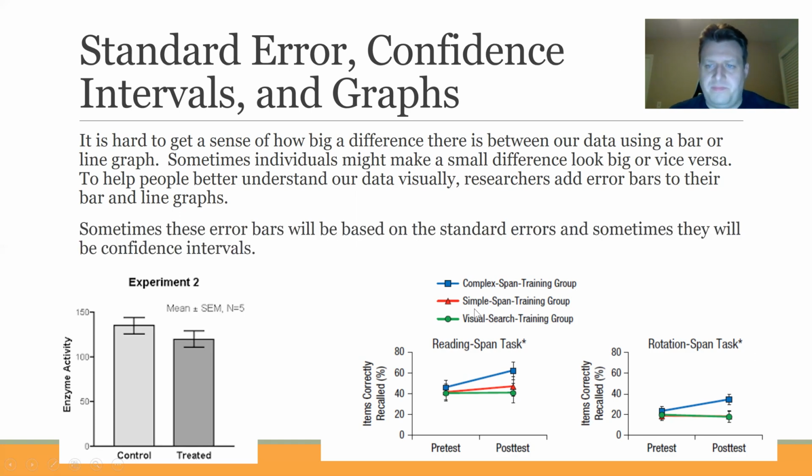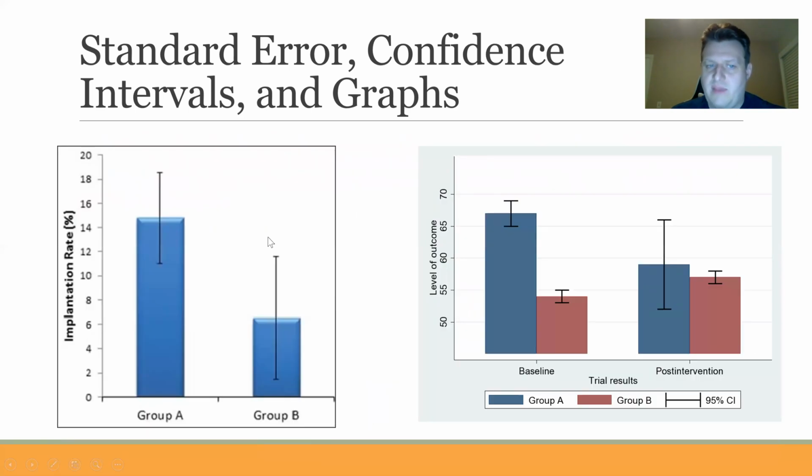Sometimes the error bars will be based on standard errors. Sometimes they'll be based on confidence intervals. Sometimes people like to look and see whether or not the confidence intervals or error bars overlap. If there is overlap, they say that there is not a statistical difference.